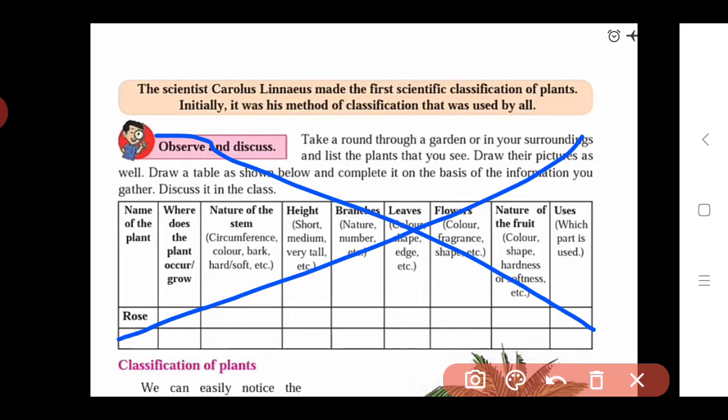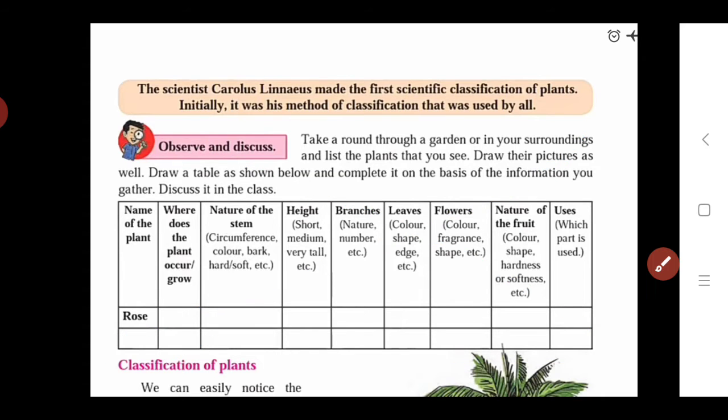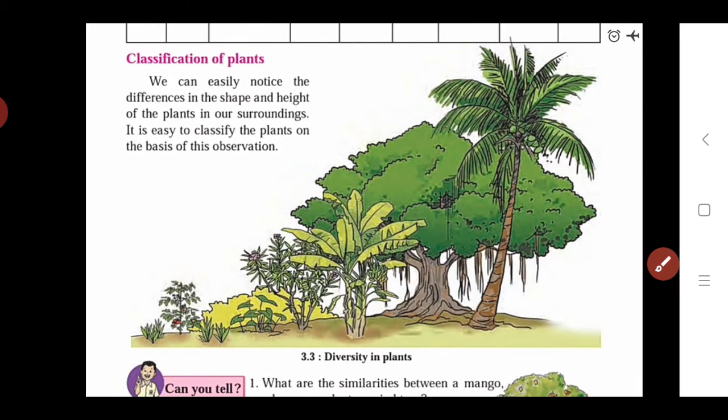So here we continue with the next point, that is the classification of plants. How are the plants classified? We know we can easily notice the differences in the shape and height of the plants in our surroundings.